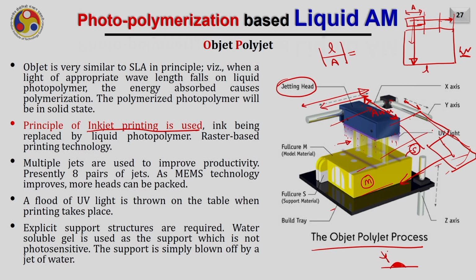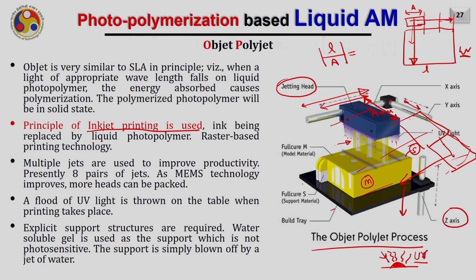Immediately the UV light comes over it and cures it. Of course, the required power of the UV light should be slightly higher in this case, as we want to instantaneously cure the droplets falling on the substrate. There is a Z axis here which keeps on going down after completion of each layer and the part gets built.